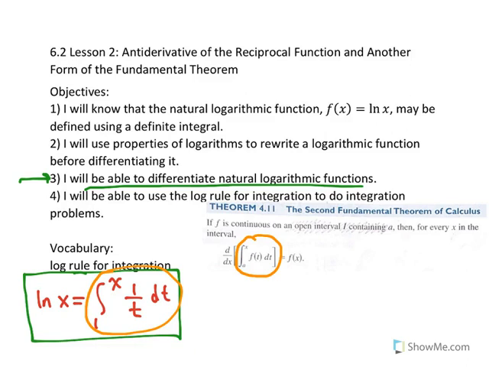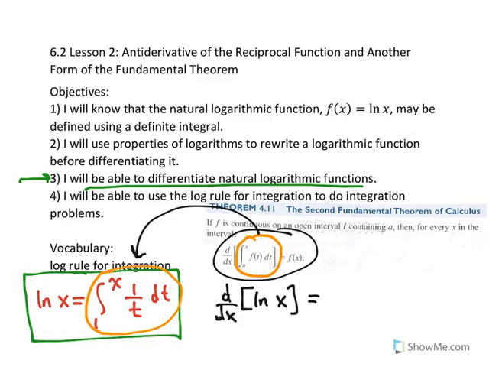So the derivative with respect to x of the natural log function may be found by applying the second fundamental theorem of calculus to how we define it using a definite integral. And quite simply, when we do that, we get that the derivative of the natural log function is the integrand evaluated at the upper limit of integration. It is simply just 1 over x. So we want to use this differentiation rule to find derivatives of natural log functions.